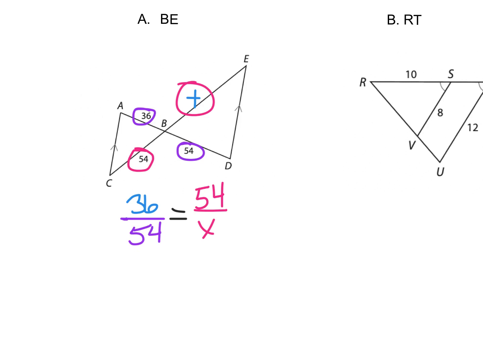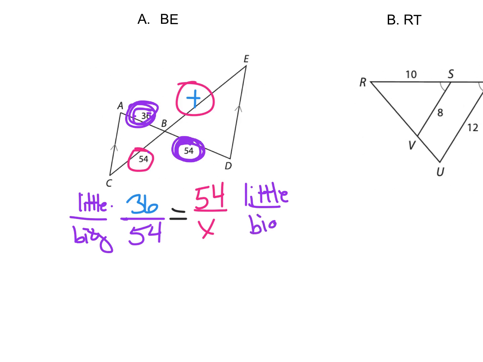What I mean by that is this 36 corresponds to 54, right? So I put 36 over 54. And on the other side, I did little. So do you see here, on the top here, I did little triangle over big triangle. Over here, I did little triangle over big triangle.